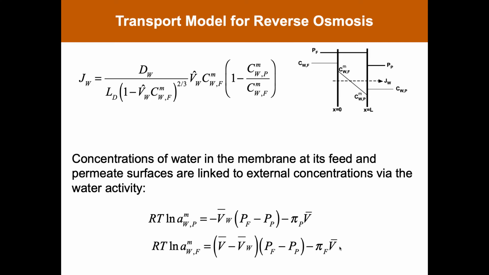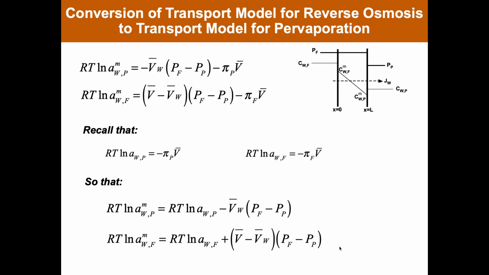The concentrations of water at its feed and permeate surfaces are linked by the thermodynamic activity coefficients. If the water is not pure, not just mixtures of salt and water, but organics in water, it can also be expressed. The activity of the water can be expressed in terms of osmotic pressure.